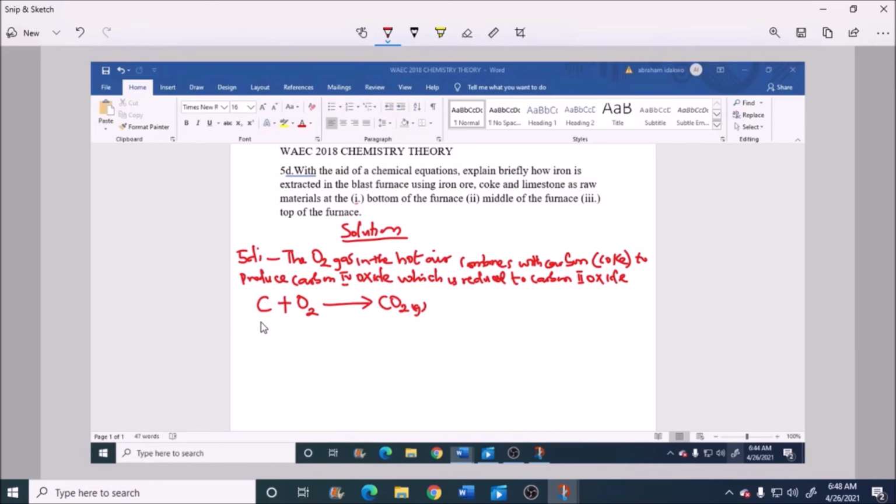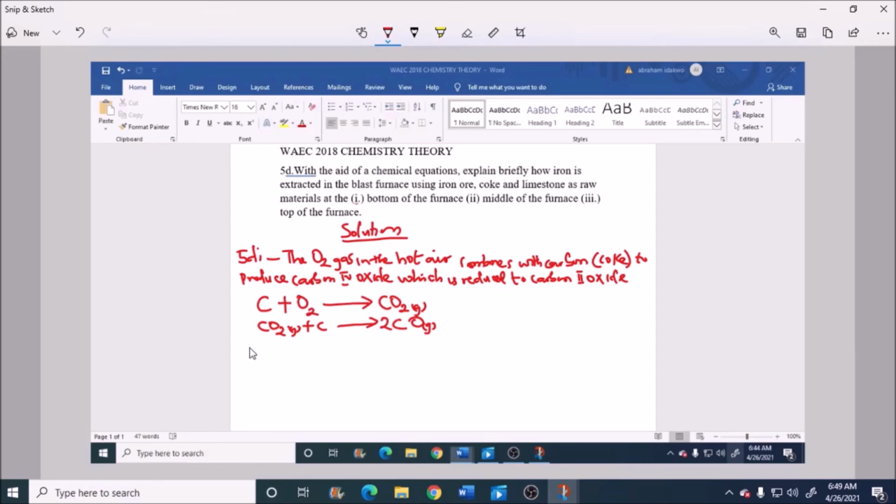Then this carbon 4 oxide gas, that is CO2 in gaseous state, is reduced to form 2CO, that is carbon 2 oxide, as explained above. So with the aid of the equation, we have C plus O2 giving CO2 gas, then carbon 4 oxide gas reduced to carbon 2 oxide. That is what happened in the bottom of the furnace.